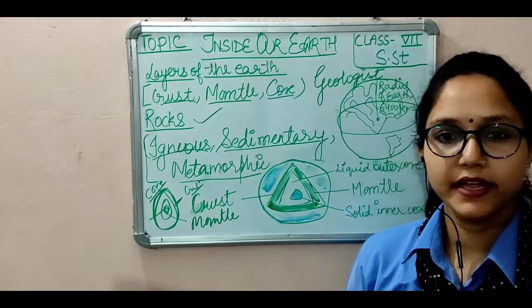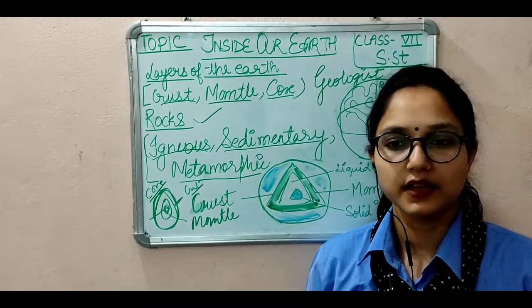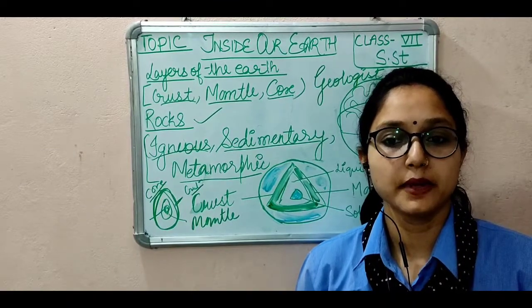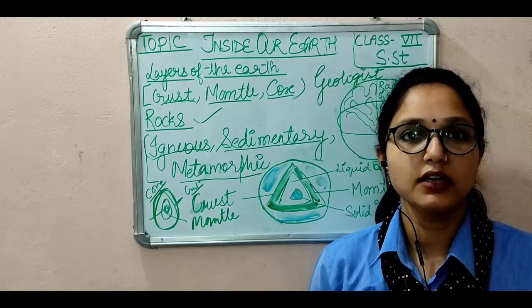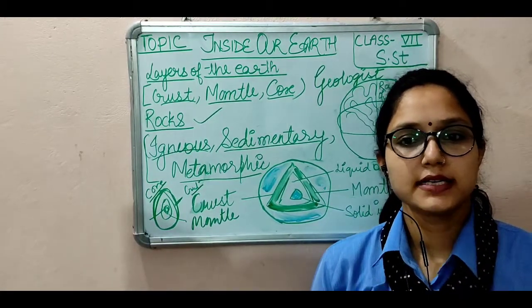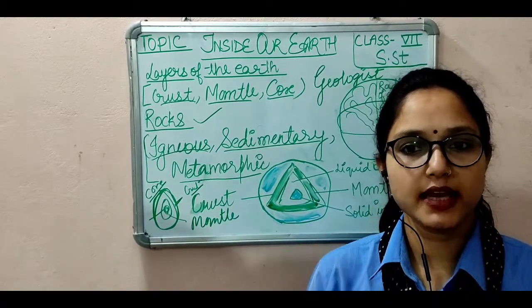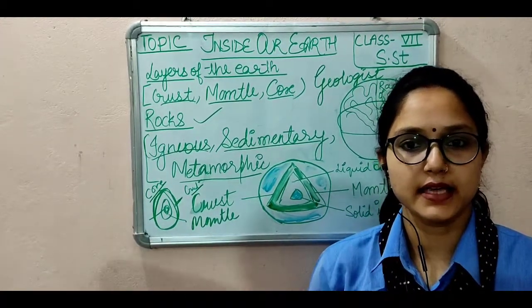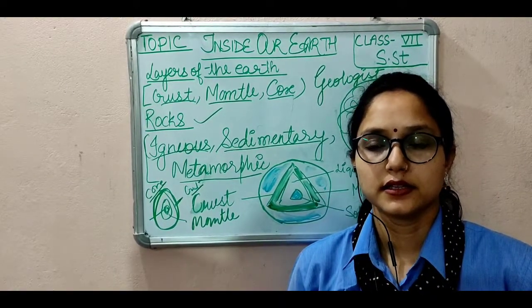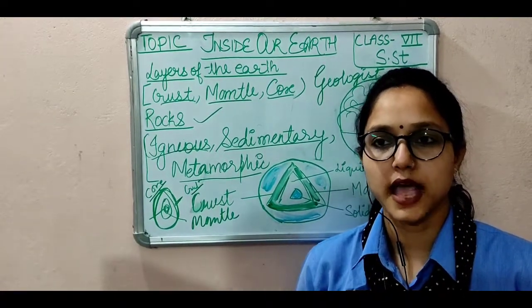If you are finding it difficult to remember the layers of the earth, let us do a simple activity. We can take an apple, take a slice, and you can show the three things inside the apple.